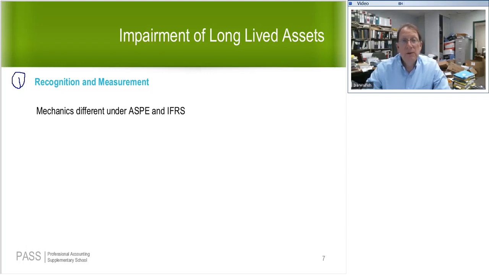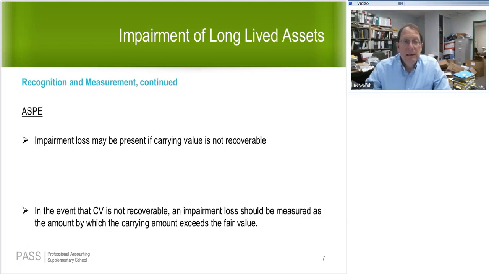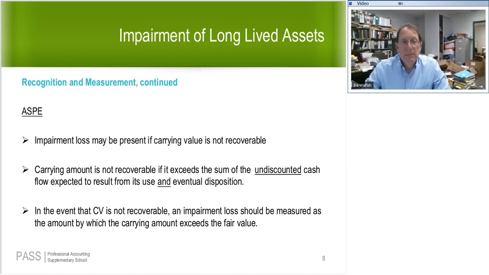And here we have a major difference between ASPE and IFRS. Under ASPE, what you do is you look to see an impairment loss is present if the value is not recoverable. So now I need a definition. What's the definition?